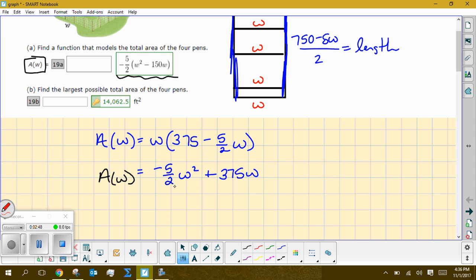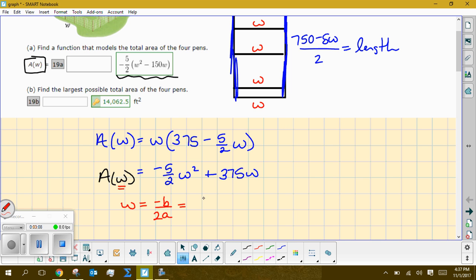Now the reason I like it this way is because we want to figure out what the largest possible total area is. So in order to do that, I need to find the value of W that provides it. Remember from class, the maximum is always located at the opposite of B over 2A.